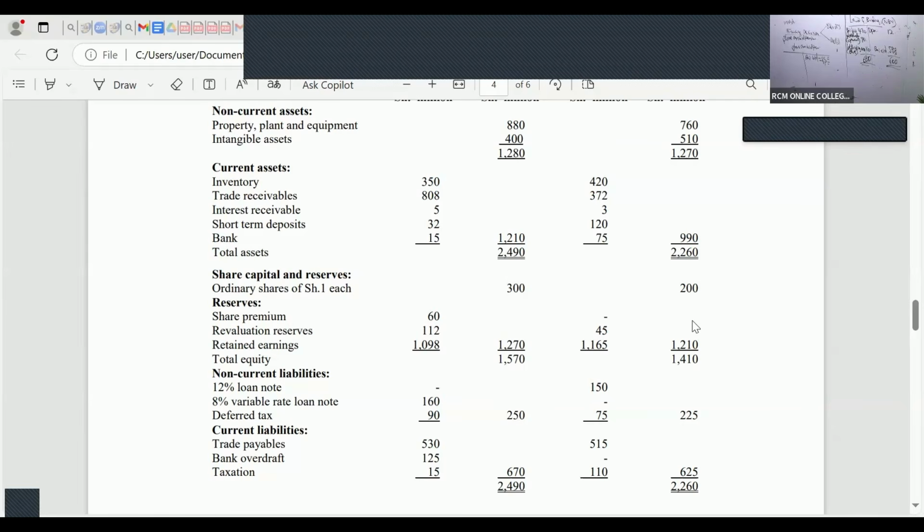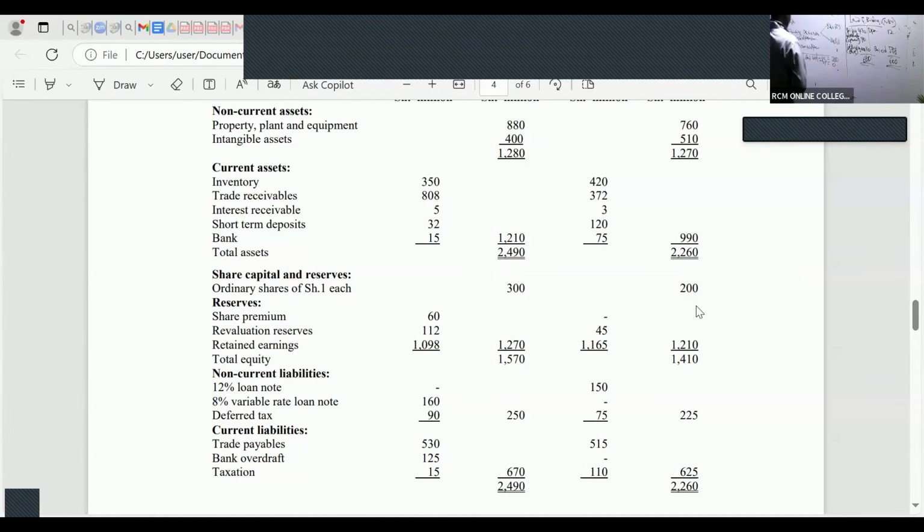Let's be very keen here. You can see ordinary share capital brought down is 200. And if you look at the share premium this year, we have nothing there. So we have 200 and a 0.